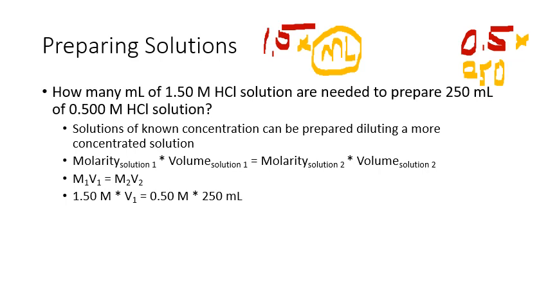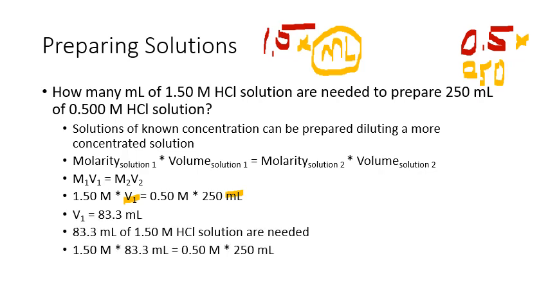And because this is in milliliters over here, this volume is also going to be in milliliters over here. We know that we need to go from 1.5 molar down to 0.5 molar. And when we do that, at 0.5 molar, we only want to have 250 milliliters of it. So if we solve that out, this shows that if you took 83 milliliters of a 1.5 molar HCl solution and then diluted it in water until the final volume became 250, then you would go from 1.5 moles per liter down to 0.5 moles per liter.